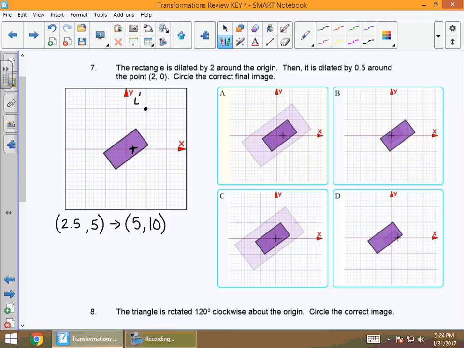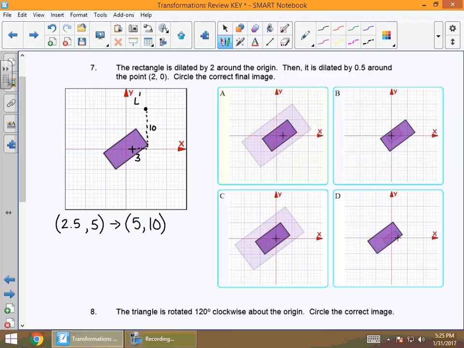If this were my new origin, then the point 5, 10 is actually going over 3 from 2 to get to 5, and it's going up 10. So you can think of this like the point 3, 10, where I'm going over 3 and up 10.